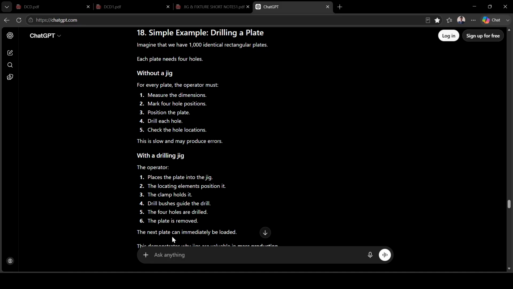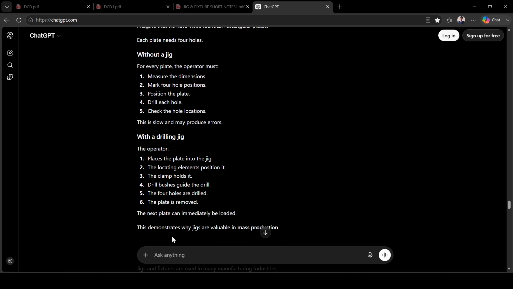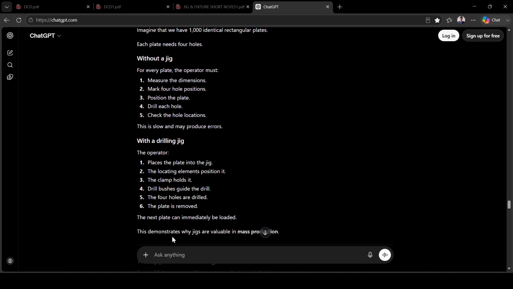Each plate needs 4 holes. Without a jig, for every plate the operator must measure the dimensions, mark the 4 hole positions, drill each hole, and check the hole location. This is slow and may produce errors.